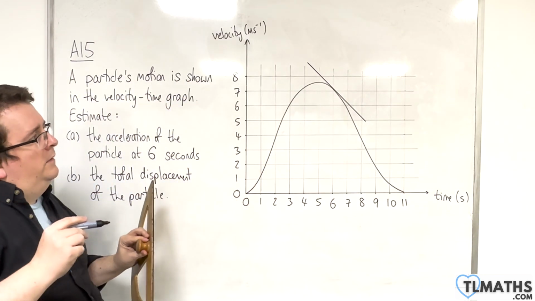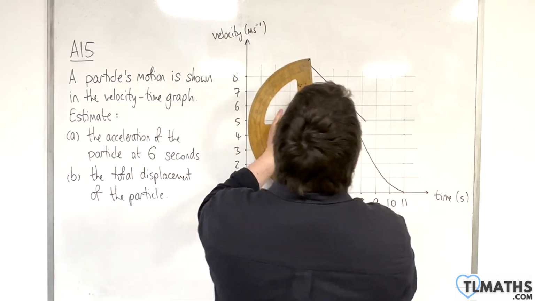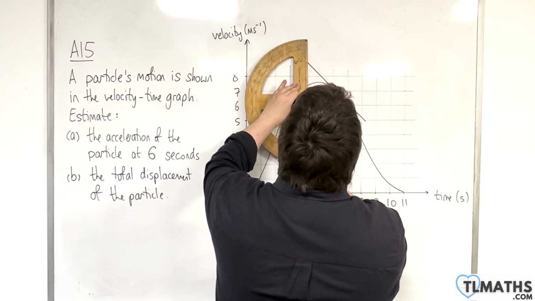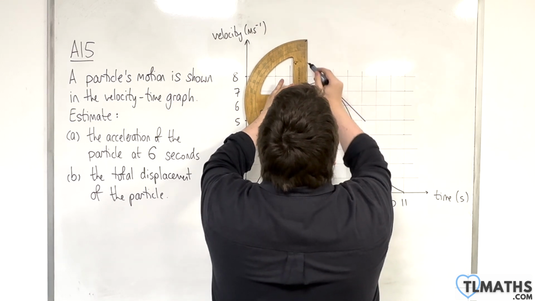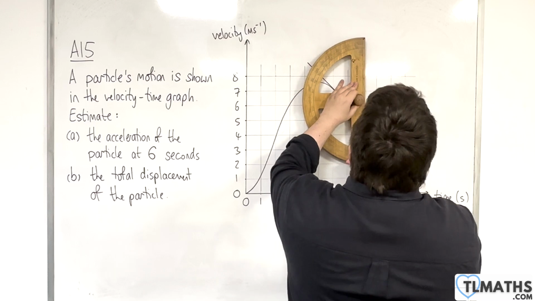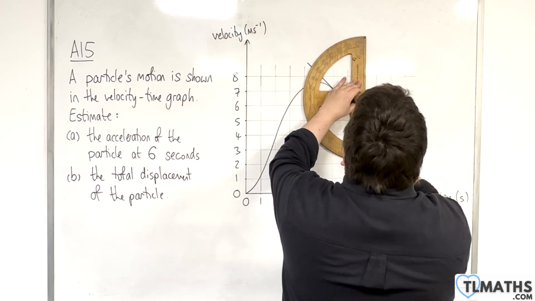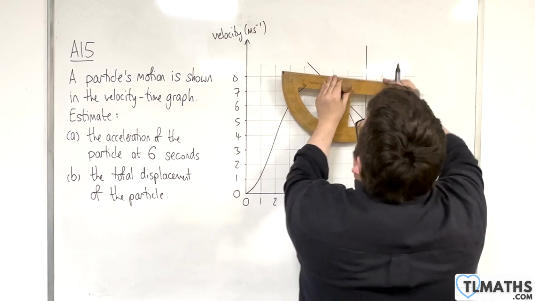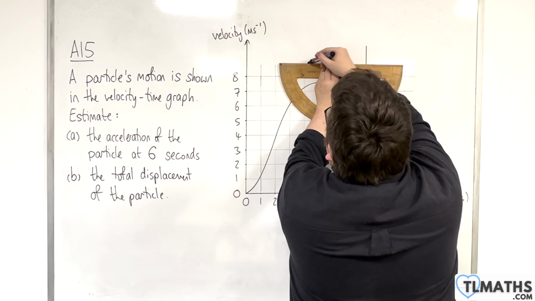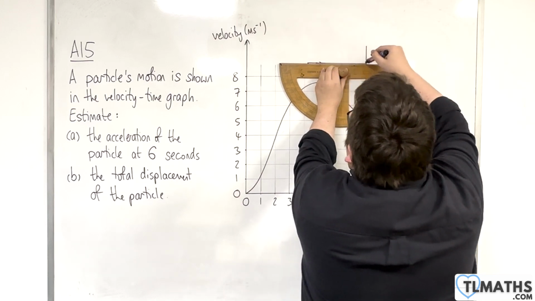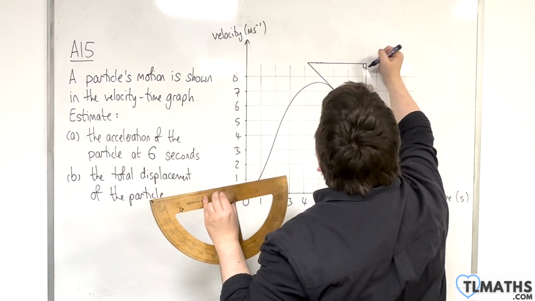So from that, I then need to draw a right-angled triangle. What I might do actually is draw the triangle this way round. I'm trying to make this as accurate as possible. There we go. So now I've got a right-angled triangle.